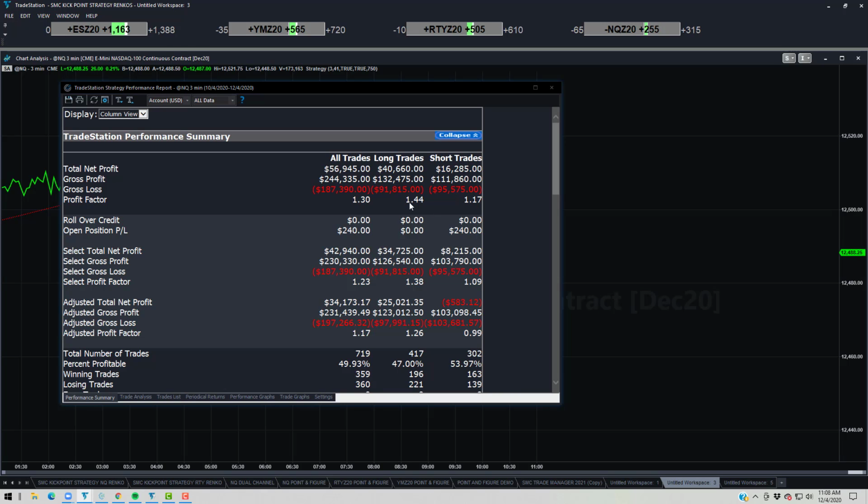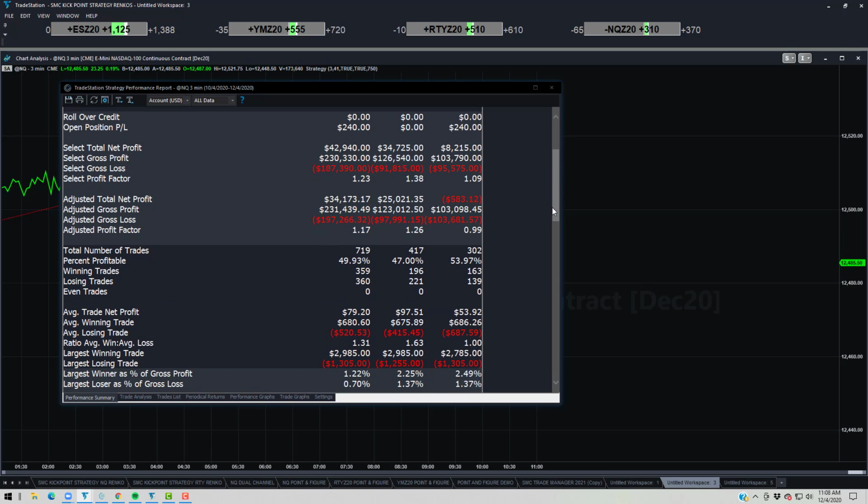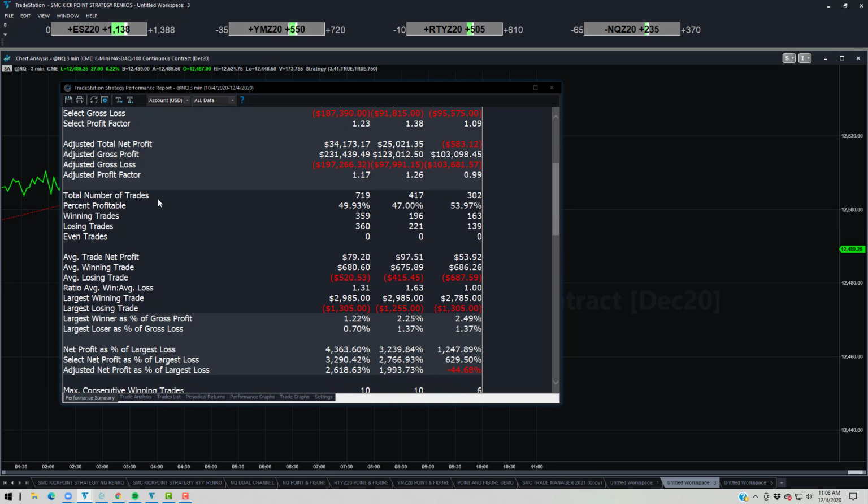Meaning for every dollar you lose, we would make $1.44. And based on the number of trades, the net profit would have been almost $57,000. Now there's a lot of other information here. It tells us the total number of trades, 719.